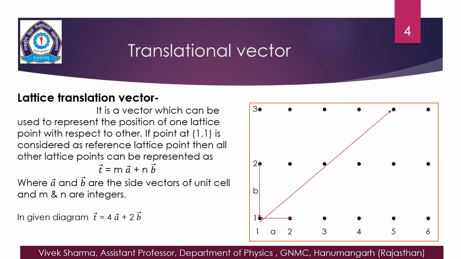In this very first slide, we are going to discuss a very basic property of a crystal about its symmetry. We are going to define the lattice translational vector. A lattice is made up of a number of lattice points.